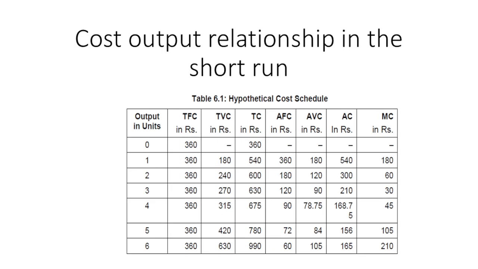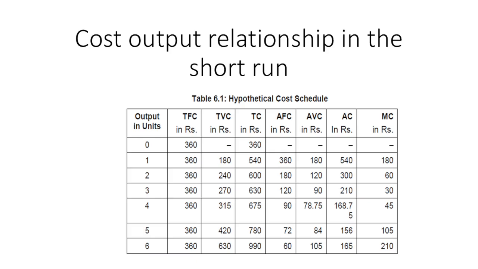Sorry, I have to go back to the previous slide. See, here is the marginal cost. The total cost starts at 300. Here it is 360, and so it starts with 0. Then from 360 to 540, the difference is 180.